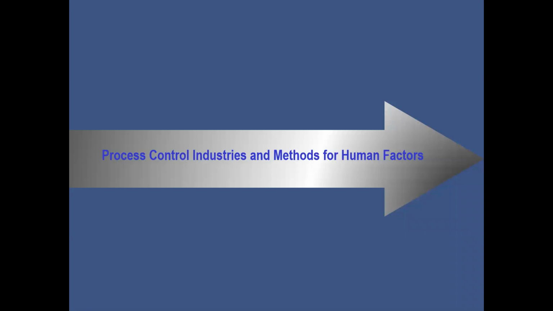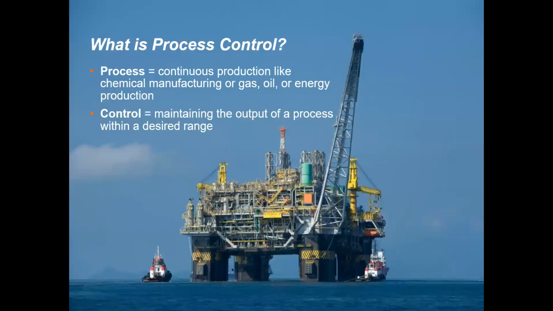So now looking into kind of process control specifics and some of those methods and human factors that relate to that. So process control is a very big field. Nuclear counts in there. So does any kind of manufacturing at all. Process control tends to be focused on common good style services.